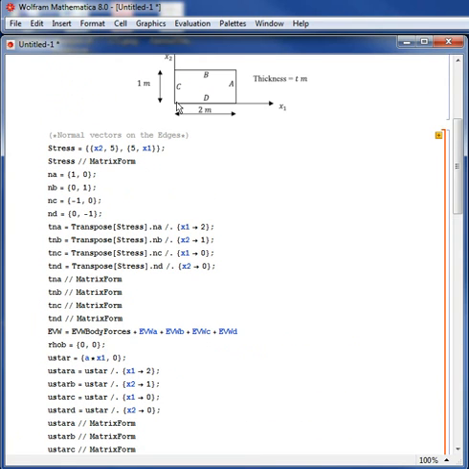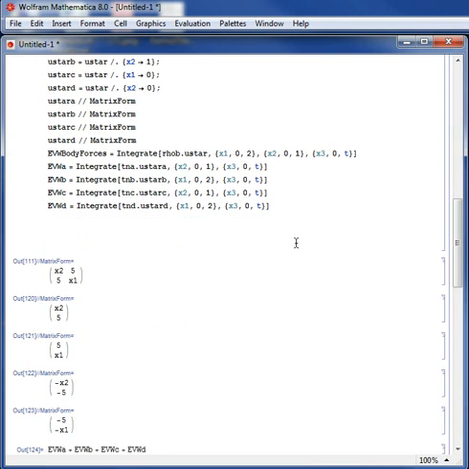The external virtual work on edge D is the integration of forces versus displacement on edge D. The integration is conducted on x1 from 0 to 2 and on x3 from 0 to t, and x2 is constant.